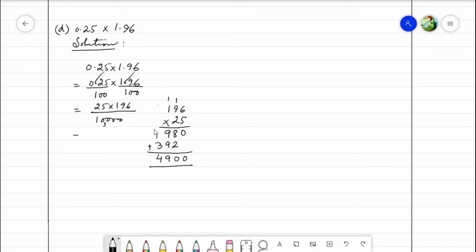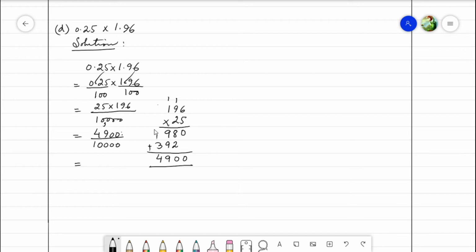This is 4900 upon 10,000. Now there are four zeros in the denominator, and we are going to divide 4,900 by 10,000. Because you have seen that there is no decimal in the numerator, it would be at the last, and we have to shift this decimal towards the left.